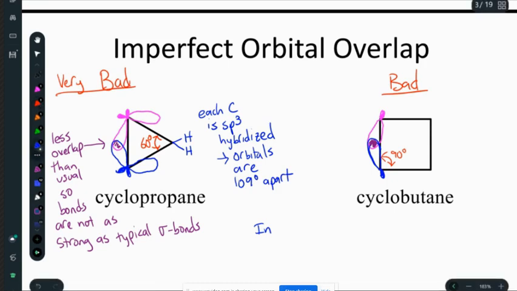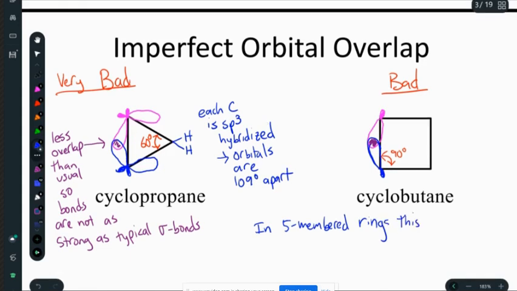In 5-membered rings, this effect is going to be really small because in a 5-membered ring, the bond angles get closer to 109 degrees. Not quite 109 degrees, but in 5-membered rings, this effect is small. When you get to 6-membered rings, you can get perfectly 109.5 degree bond angles, so it works out fine.